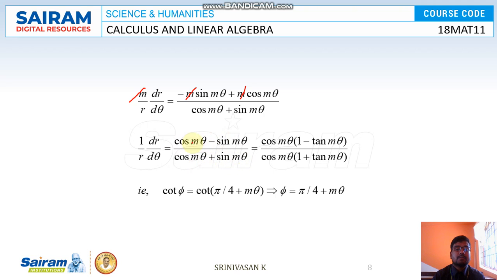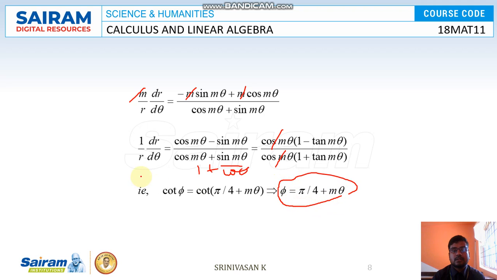Taking cos m theta outside, we get 1 minus tan m theta in the numerator and 1 plus tan m theta in the denominator. So we know cot psi equals cot of pi by 4 plus m theta, which implies psi equals pi by 4 plus m theta.